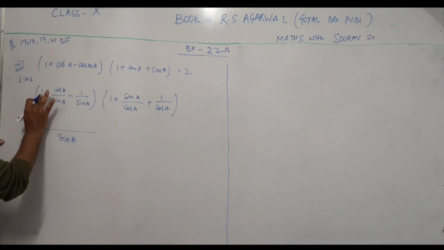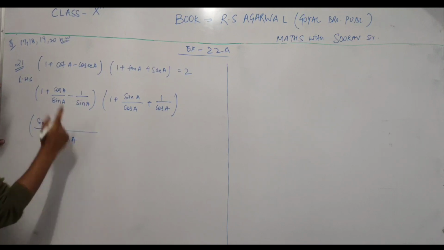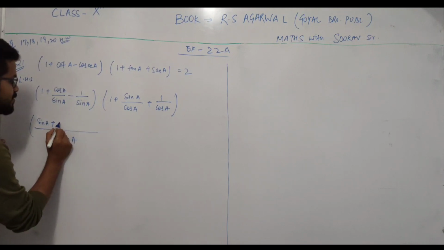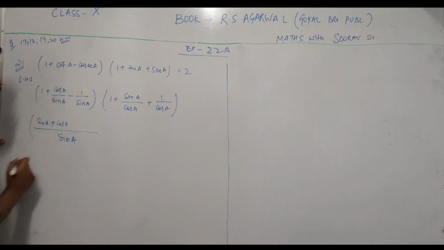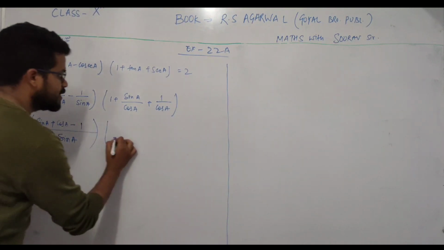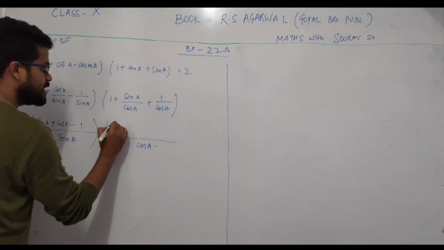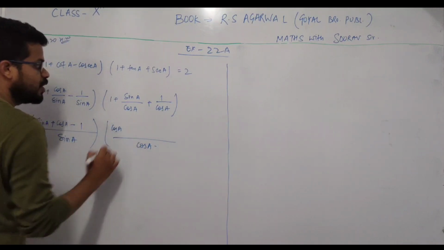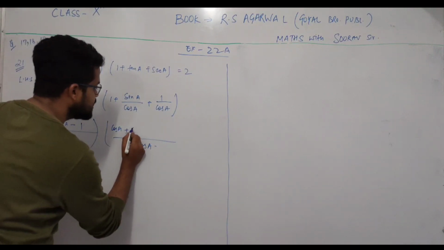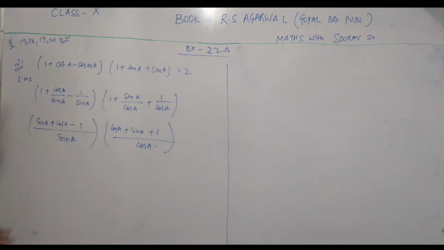So here I write sin A plus cos A, since sin A over sin A is 1 and I multiply 1 with cos A, so remaining is cos A, and minus 1. In this part also I take cos A as the LCM. So here in place of 1 I write cos A plus sin A and plus 1. Okay.